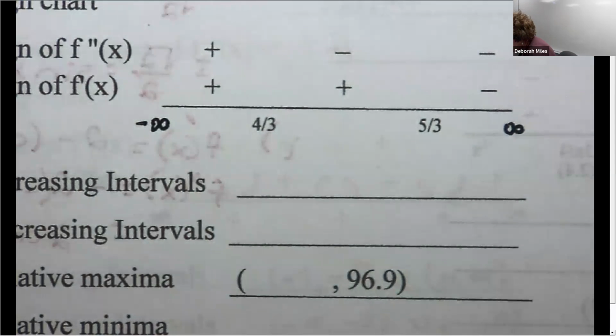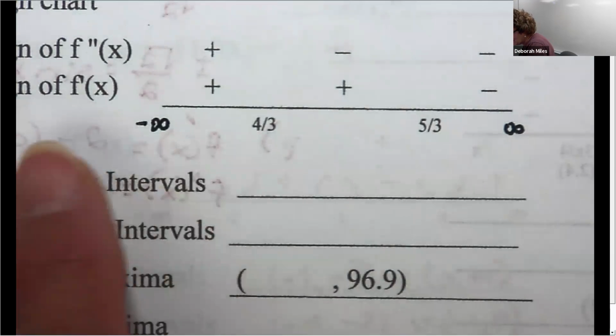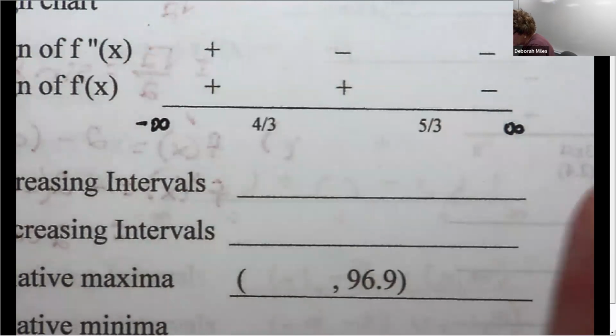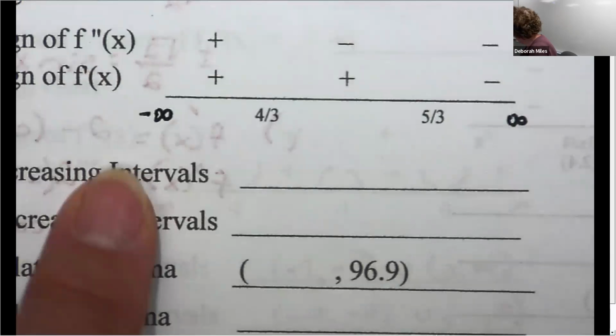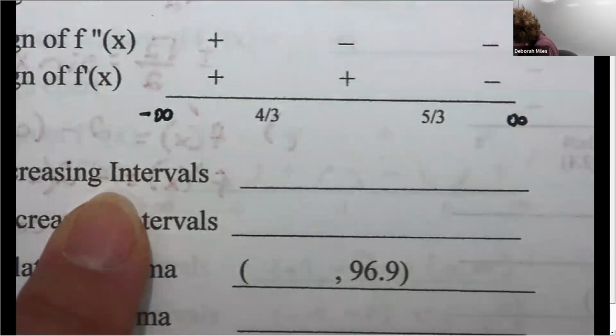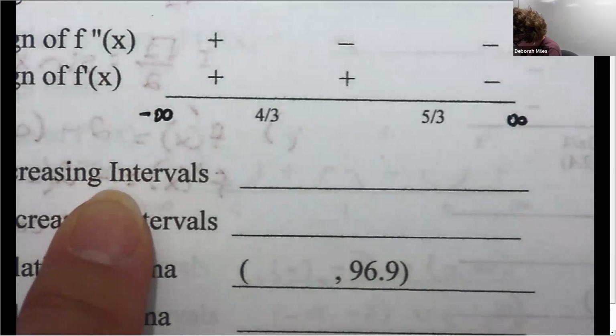Then I use test points to find the sign of the first derivative and the second derivative. Look at that and tell me where that function has increasing intervals. -infinity to 5/3, and you can list that as a single interval because there's no discontinuity at 4/3.